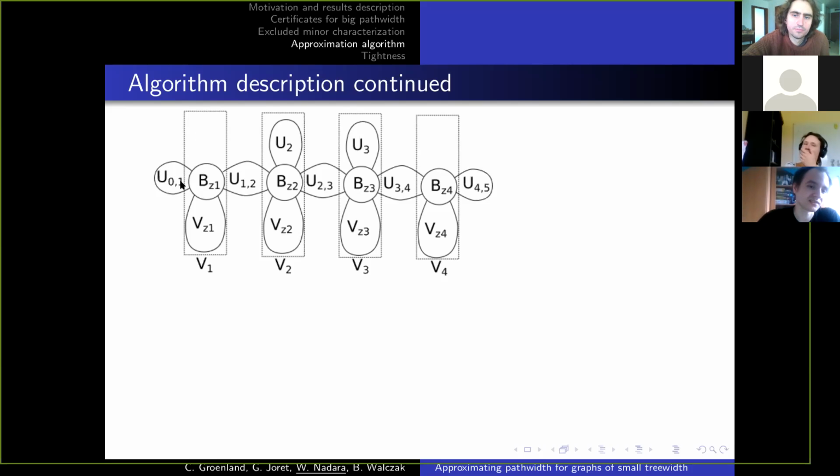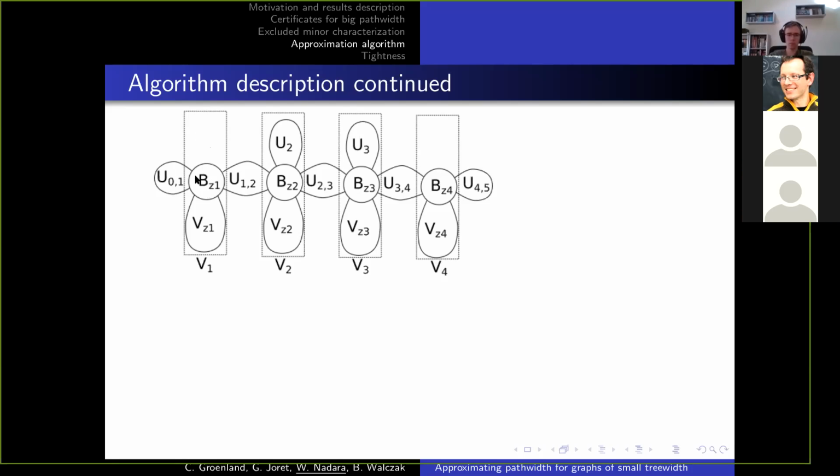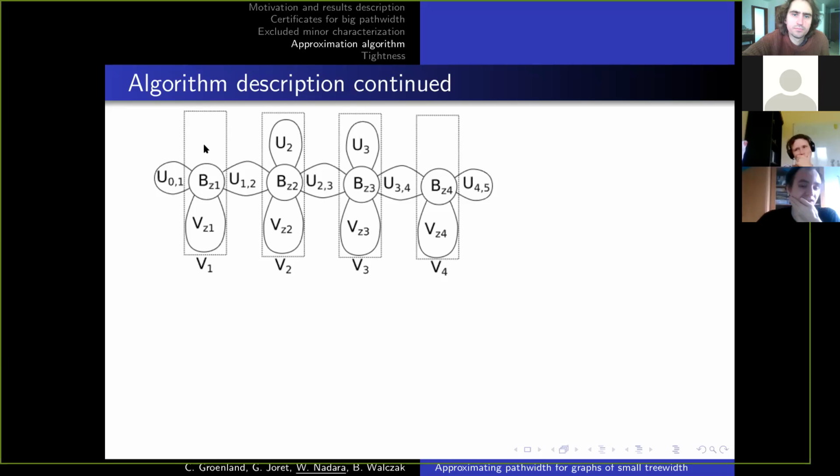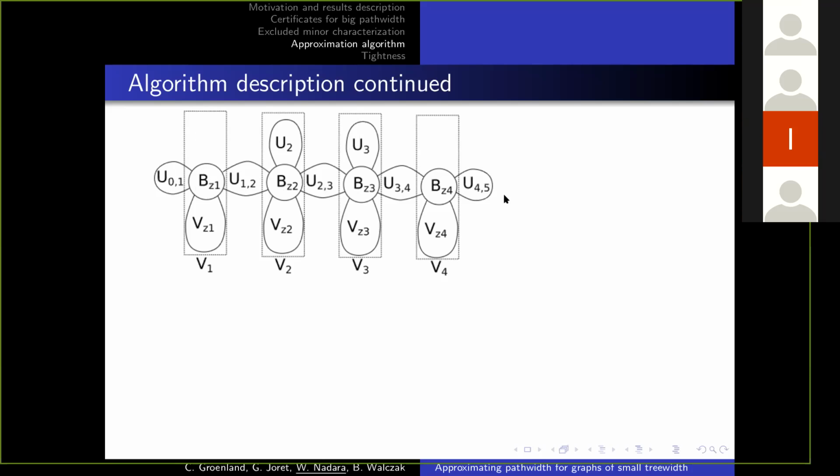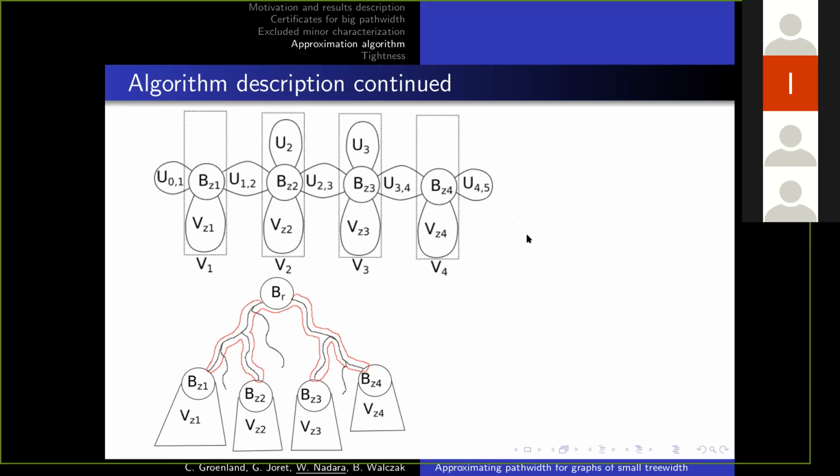We can call this set U01: it is a set of vertices that can be connected only to the first big subgraph, but instead of calling it U2 or U3, we claim it's more like sets I plus 1. I will not explain in detail why. This is the base for our combining.